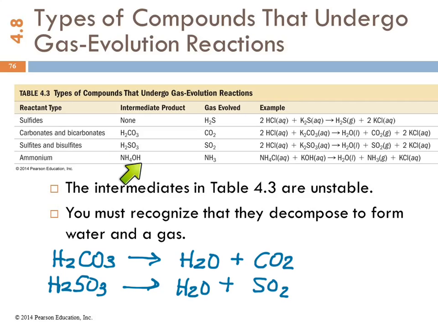If you get ammonium hydroxide forming as a product, this is also unstable. NH4OH. Water comes out, and what's left? We get rid of this H, this O, and 1 of these hydrogens. What we've got left is NH3, which is a gas. A very smelly gas. It's ammonia.